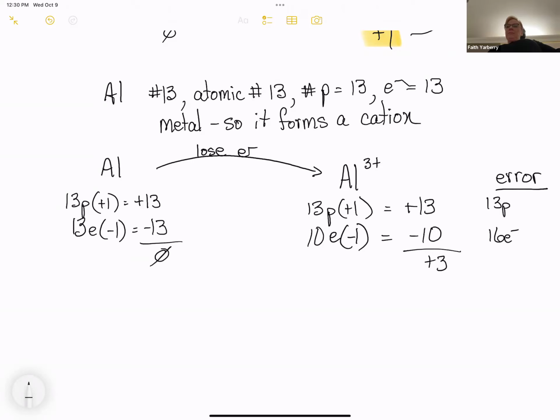But if you do the math, that's a +13, a -16, which comes out to be a -3. That is incorrect because it doesn't come out with the charge of aluminum. So that's why I do the math with you, so that you have a way to check yourself to see if you're doing it correctly.